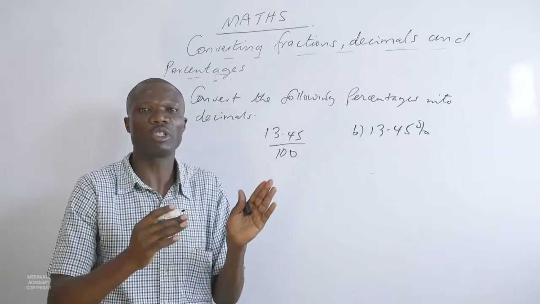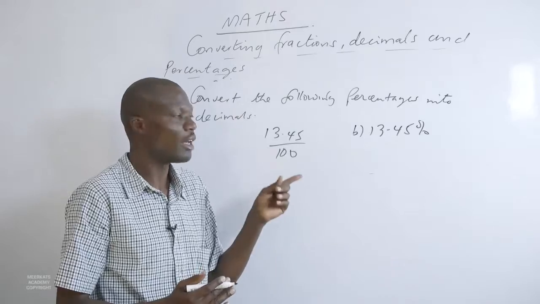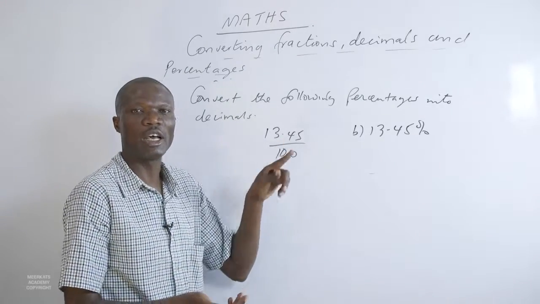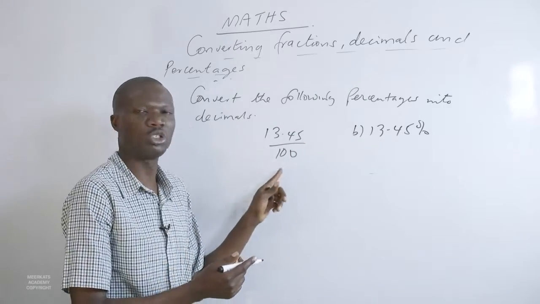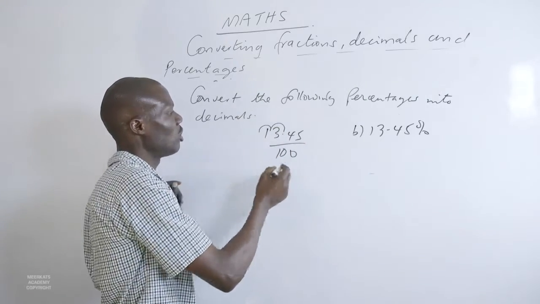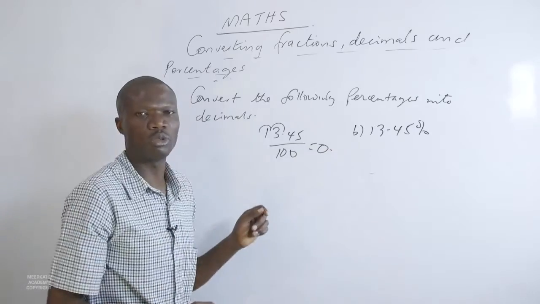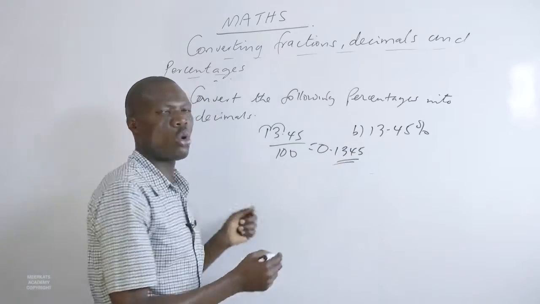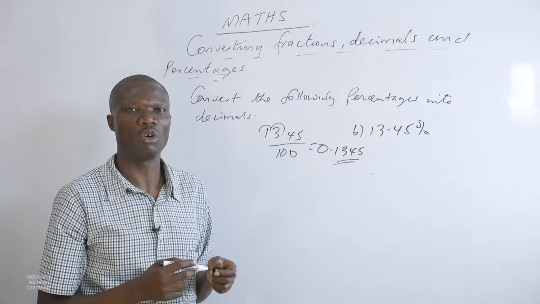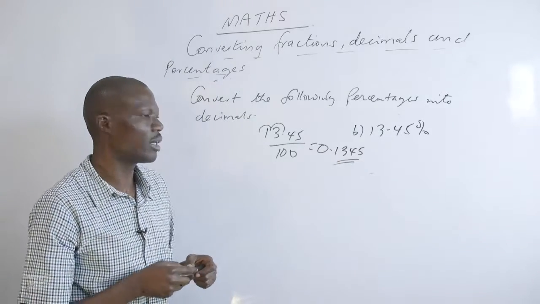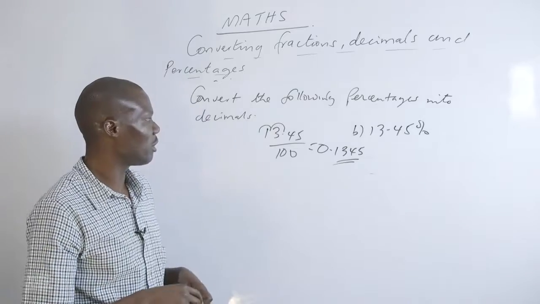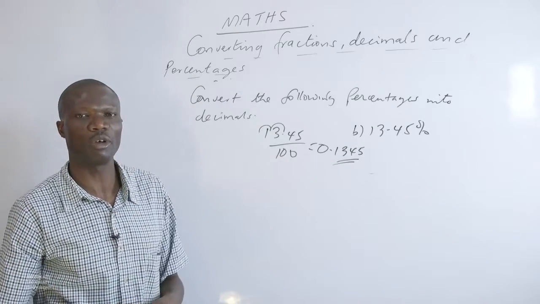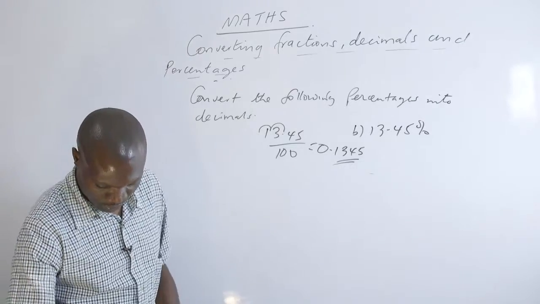The other one was a whole number, that's why we moved from the end. This one, we already have a decimal point. So we go where the decimal point is and start moving to the left 2 steps. So 1, 2. We shall have 0.1345. That is the decimal notation of the percentage 13.45.